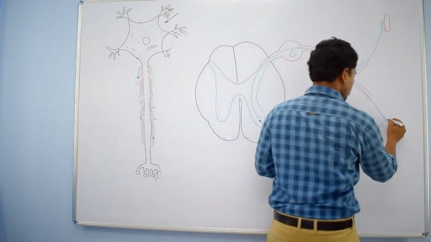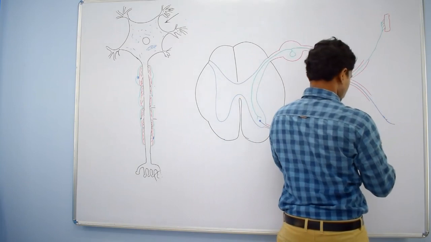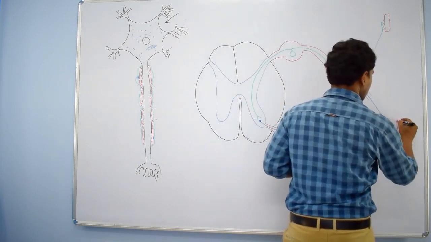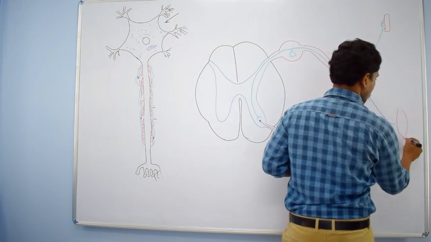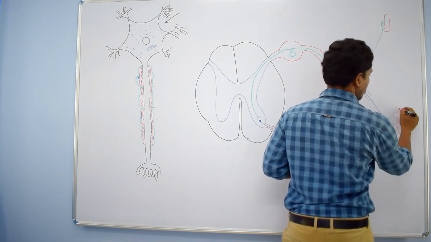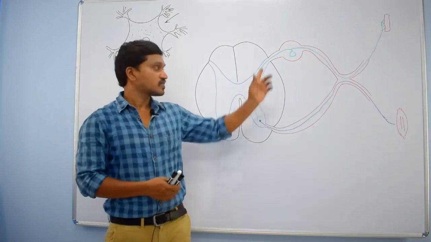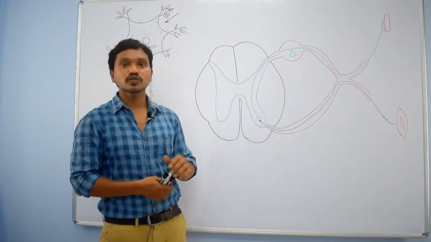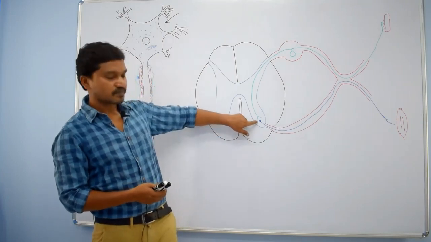Imagine here is the muscle. There is contraction of muscle. So this type of arc we call monosynaptic, because only one synapse is there.